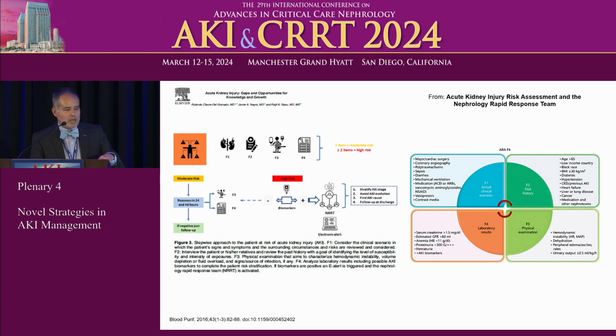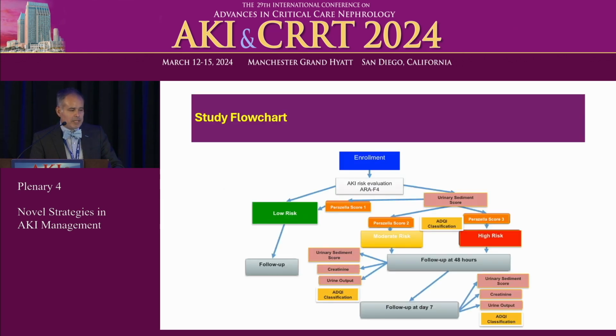If you have one of these items, you are at moderate risk. If you have 2 or more items, you are at high risk. That triggers an electronic alert and a rapid response of a nephrology team, who will start a bundle of care and also a follow-up after this electronic alert takes place.